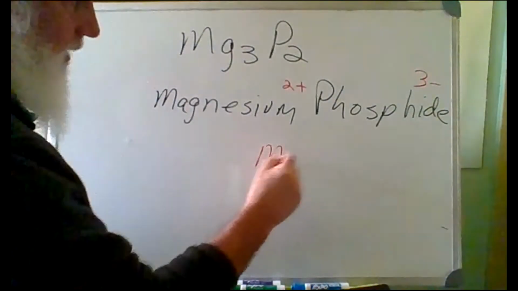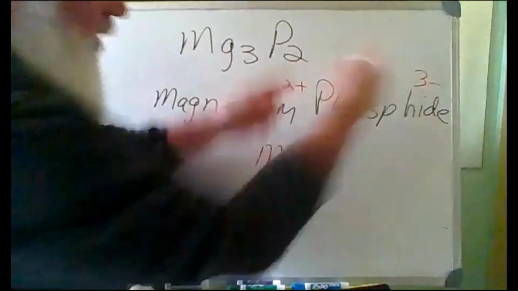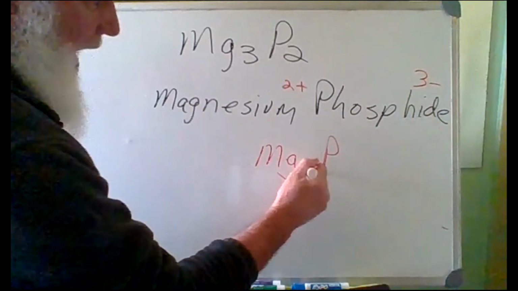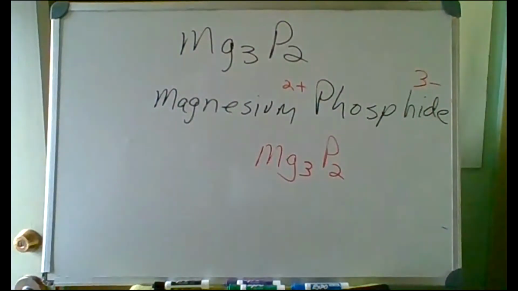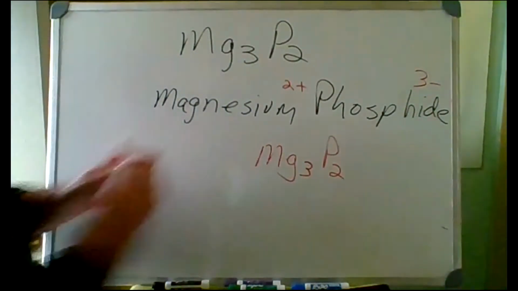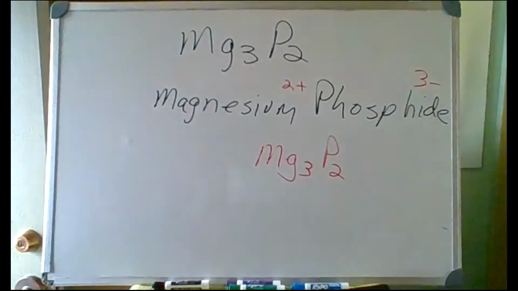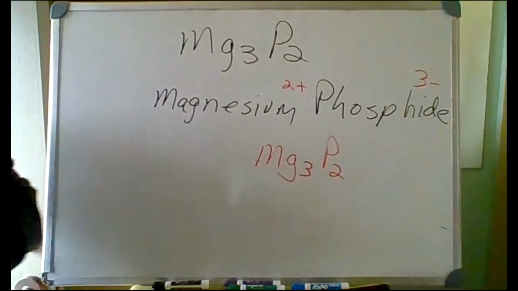So we'll write the symbols down here, and we're going to take these charges and flip them and make them the subscripts. In other words, how many magnesium cations and how many phosphide anions. So the charges become the how manys. They're going to tell us how many of each ion type we have in the compound.